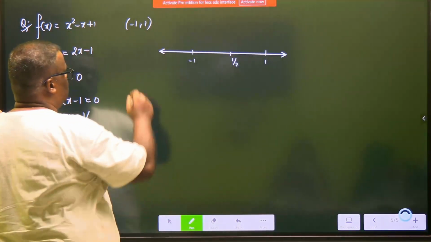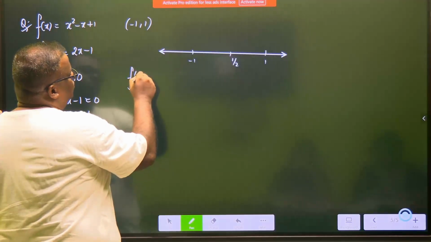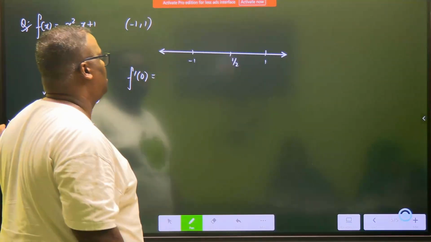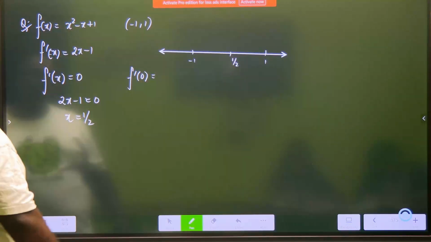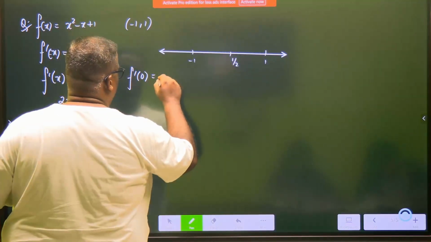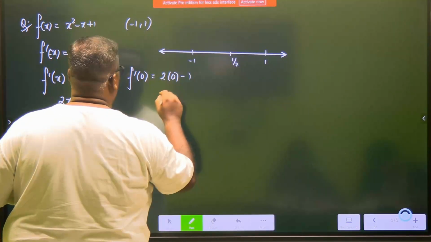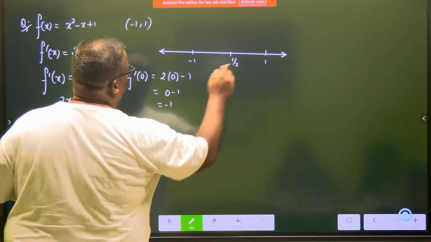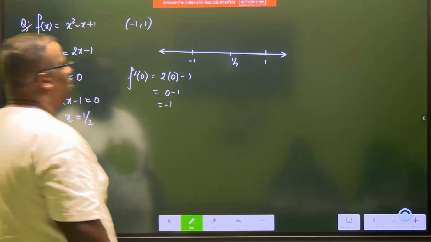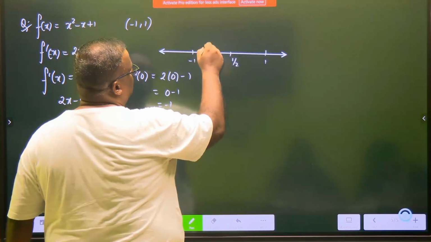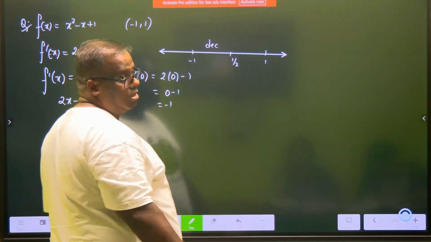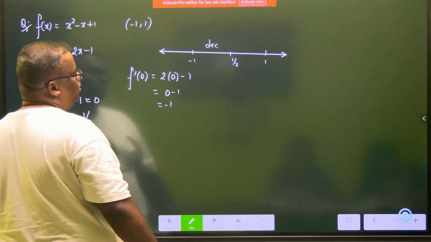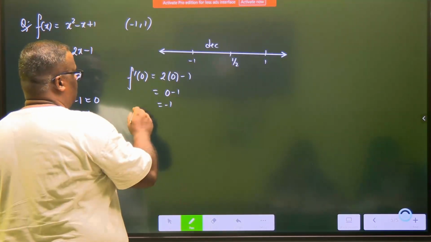Okay, so let's check for first f dash of 0. If you take f dash of 0, then it is 2 into 0 minus 1, which is minus 1. So 0 is somewhere here. So in this part, the function is decreasing. Between half and 1, you'll take 3 by 4.